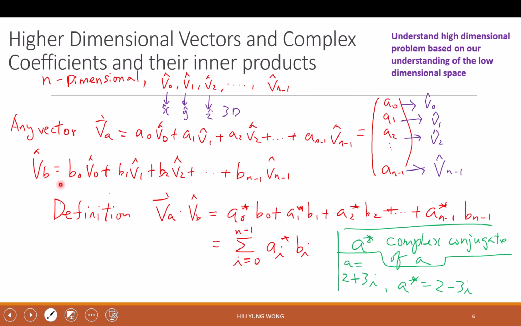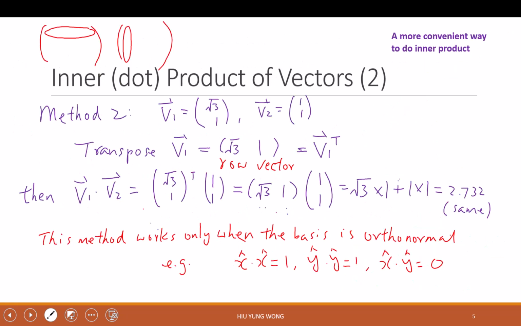And same for B. So the inner product between A and B is what? You just multiply their coefficients together and add them together, but for the first one, you need to take the complex conjugate. So A0 complex conjugate times B0 plus A1 complex conjugate times B1 plus A2 complex conjugate times B2 plus A(N-1) complex conjugate times B(N-1). You just multiply the coefficients together and sum them. Now, do you remember we have done this already?